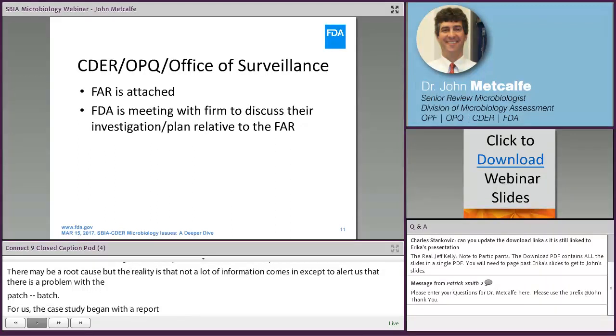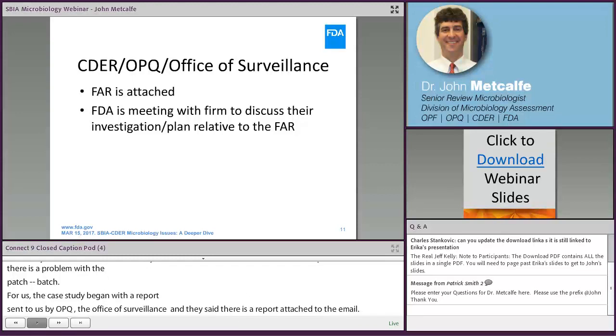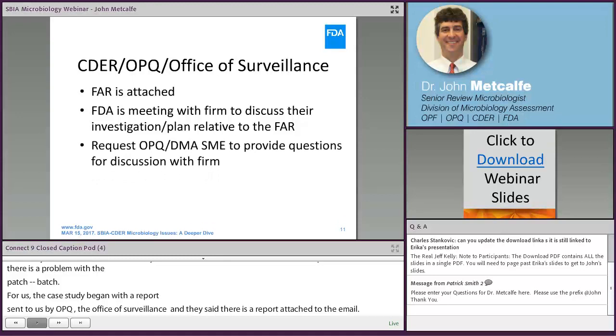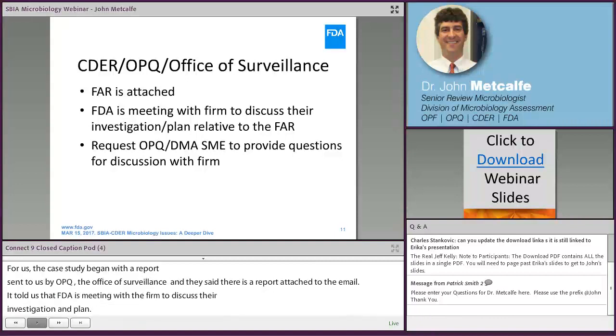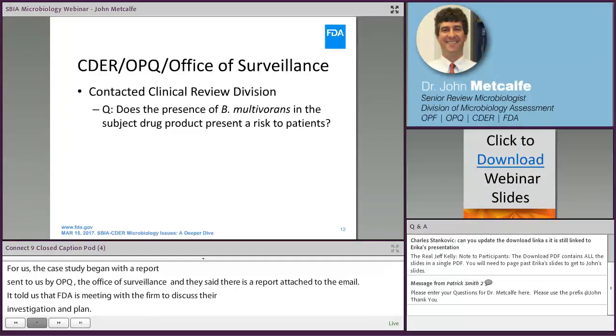It told us that FDA is meeting with a firm to discuss their investigation and plan relative to this field alert report. The Office of Surveillance asked DMA, could you provide some subject matter expertise in the way of questions for discussion with the firm?